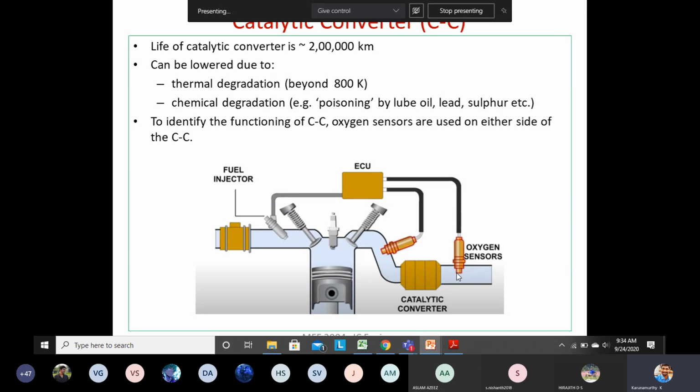So that will tell you the functioning of the catalytic converter. This is sensed by the engine control unit, and it is going to give an alarm to replace the catalytic converter. Okay. So this is the method to determine whether the catalytic converter is functioning properly or not.